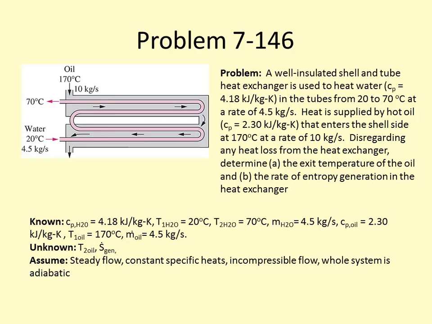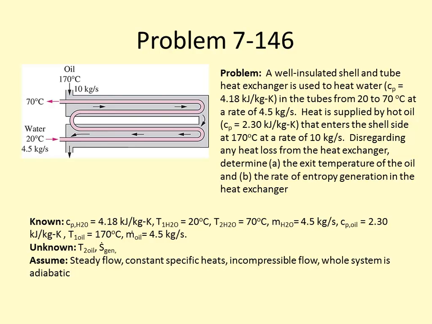And then the oil, I did them separately, so I call this 2 and 1. Okay, so mass flow rate of the water times H2 of the water minus H1 of the water. Do we have any heat transfer into the water? Yes. Yes, the oil is hotter than the water. We don't have any heat transfer out, and there's no work involved in this process.